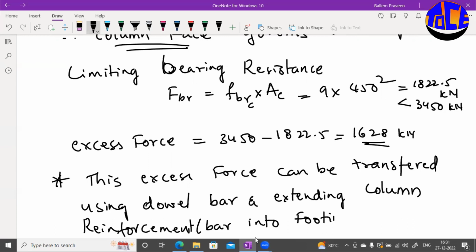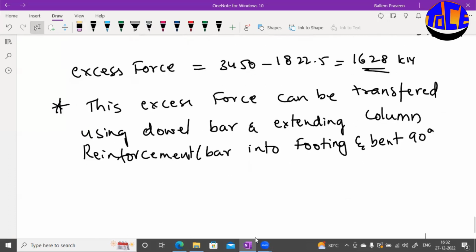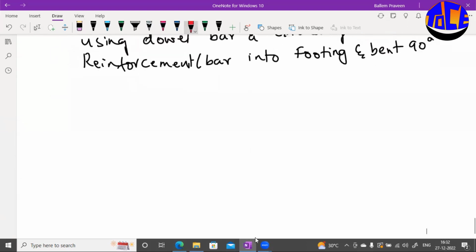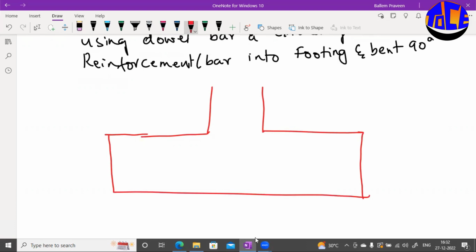By extending the column reinforcement into the footing and providing a 90 degree bend, you can distribute this excess force. That is enough. So how will my footing cross section be? This is my footing, I am drawing a rough figure. The overall depth is 750 and my effective depth is 660.